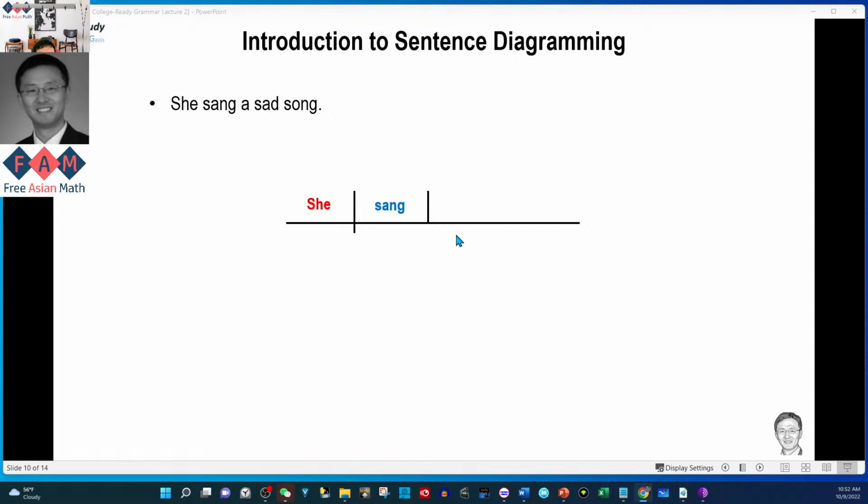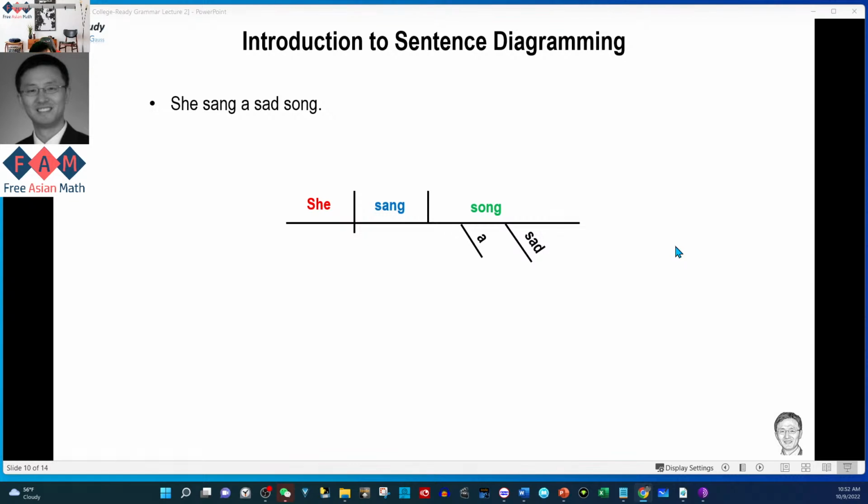So they should not go above the main line. We only want to put important information. So we only put 'song' into this third slot. And where do 'a' and 'sad' go? They both modify song. So therefore, we put them, first of all, beneath the main line.